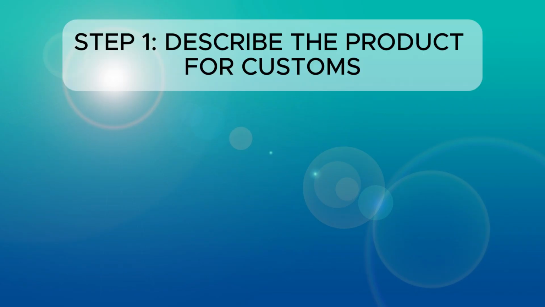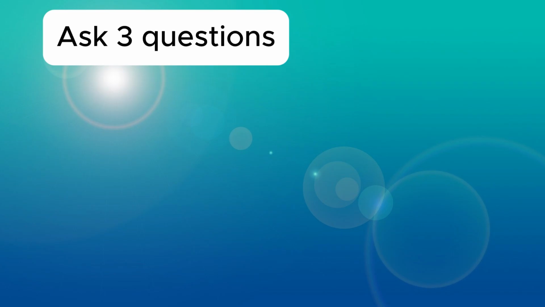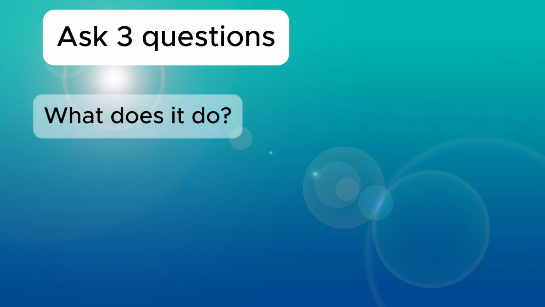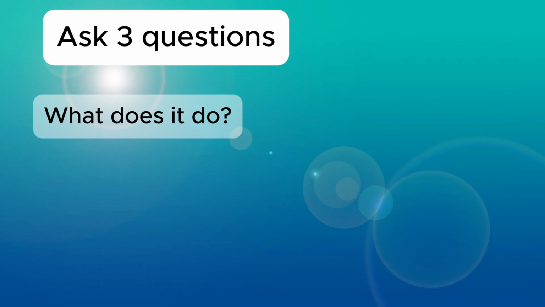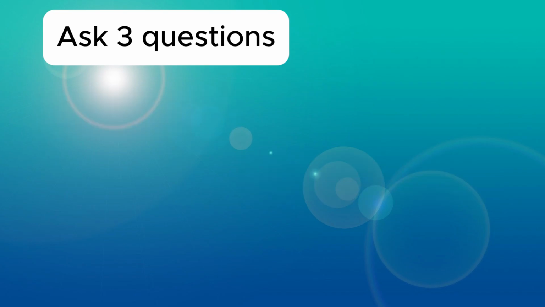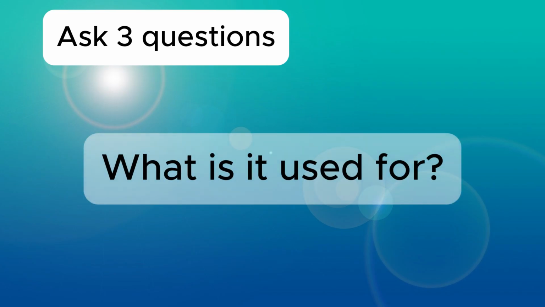Step 1, describe the product for customs. Ask three questions. Question 1, what does it do? In our case, it pumps water. Question 2, how does it work? Centrifugal mechanism. Question 3, what is it used for?